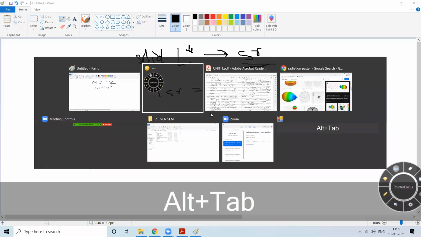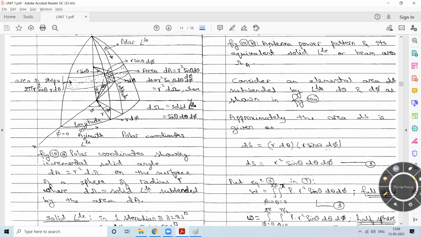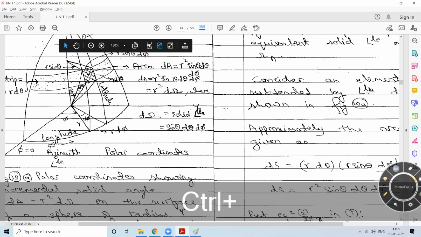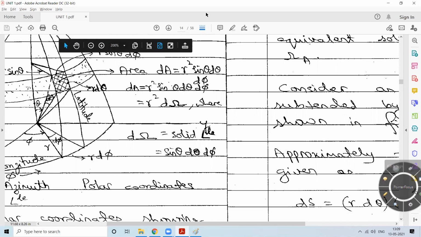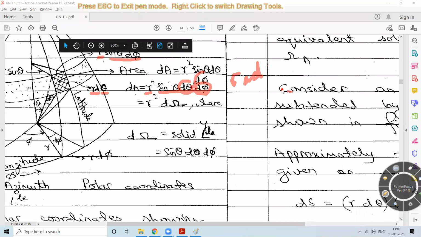How do I get this information? You can observe over here. You are multiplying R sine theta d phi and R d theta, so it is R square sine theta d phi. d theta is an elemental angle, d phi is also an elemental angle. The SI unit of angle is radian.